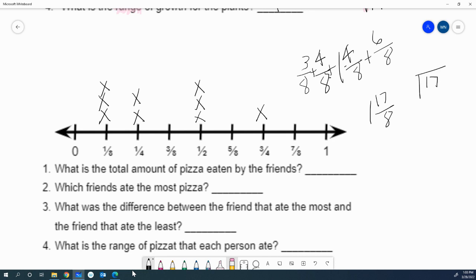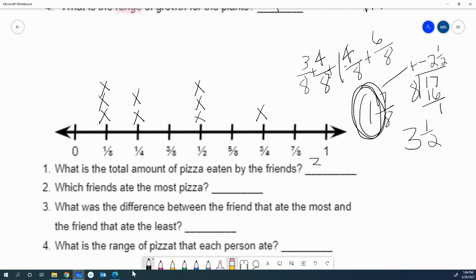So I know that 17 divided by 8, because it's not just a fraction, it's also a division problem. 8 can go into 17 2 times. 2 times 8 is 16. 17 minus 16 is 1. So 2 1/8. Now we can't forget our 1 over here. So we need to add our 1 to our 2 1/8. And we're going to get 3 1/8 is our answer for number 1. I hope that's the same one you got as well.